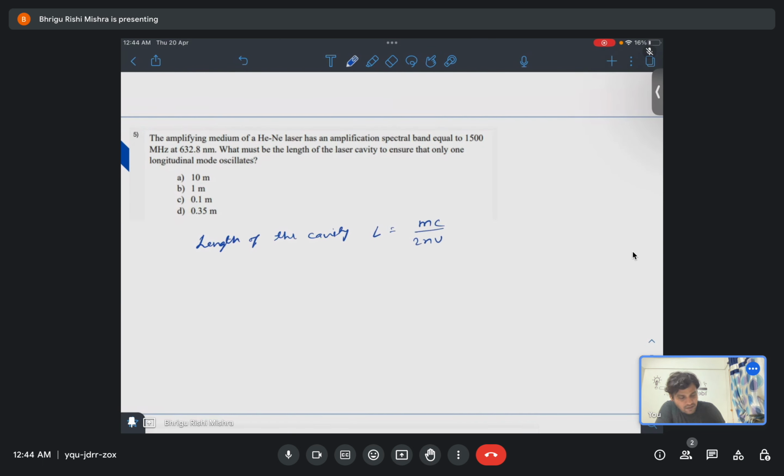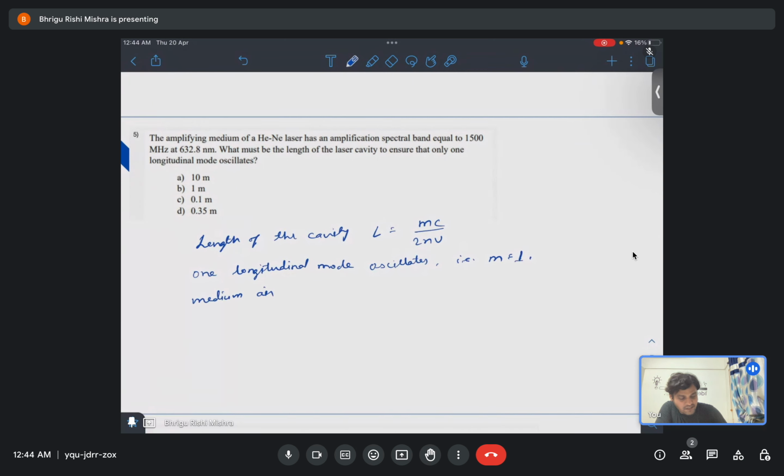Now here in the question it is saying that one longitudinal mode oscillates. So what does that mean numerically? That means we have to take m equals 1. Also consider the medium air from where pumping is happening.